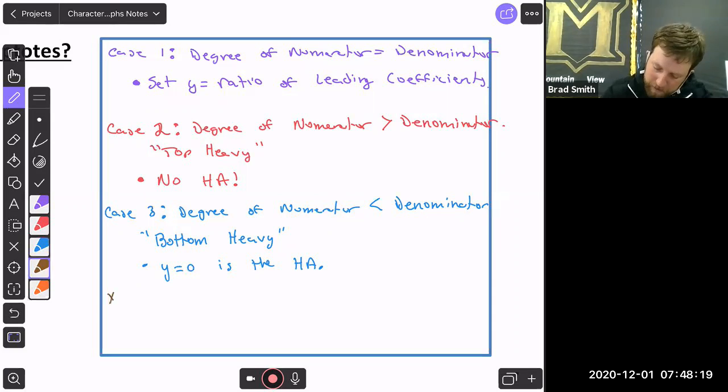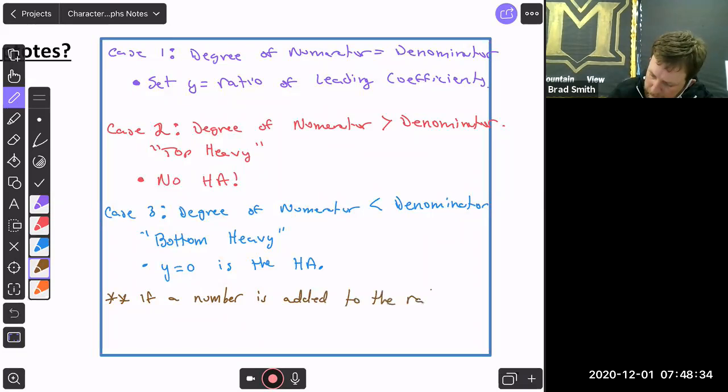And then lastly, like that example we had before, if a number is added to the rational, we're going to add it to the HA.